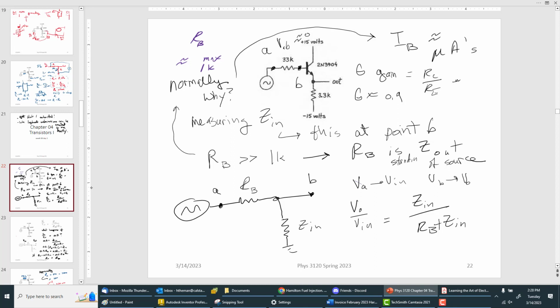And so we're making a voltage divider of the RB and the Zin of the emitter follower. So that means that the voltage we measure at A is the stand-in for V in, and the voltage we measure at B is the stand-in for V out.